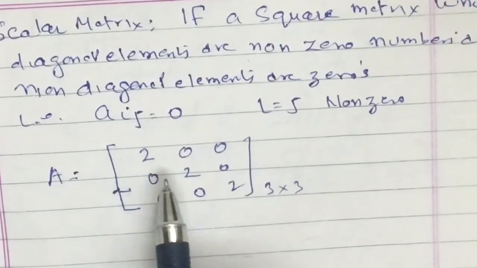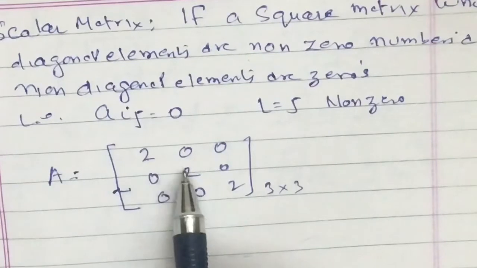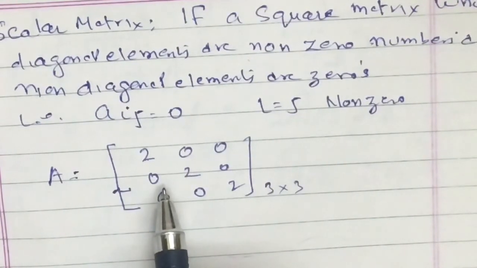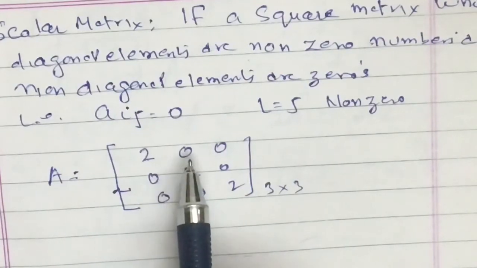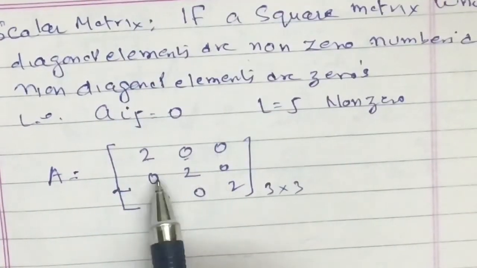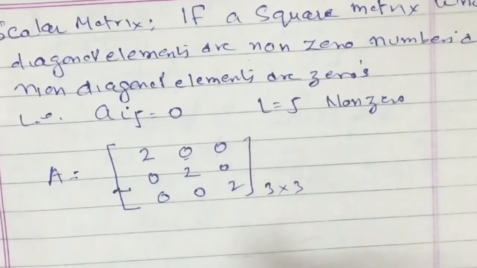The diagonal elements are non-zeros, all of them 2, 2, 2, whereas the non-diagonal elements, as you have seen here, are 0, 0, 0, 0, 0, 0. So this is known as your scalar matrix.